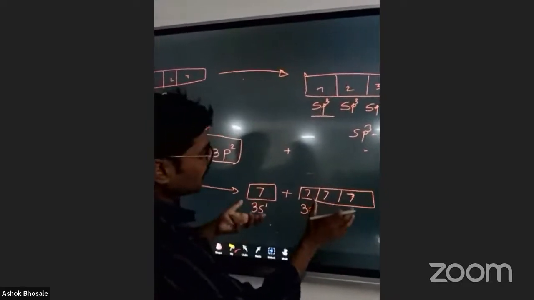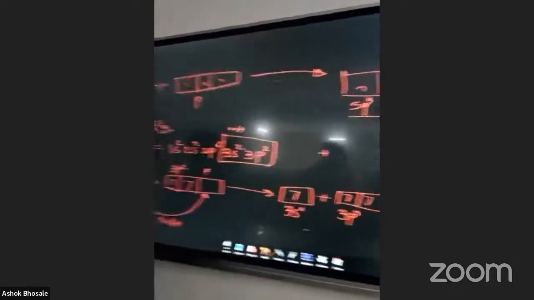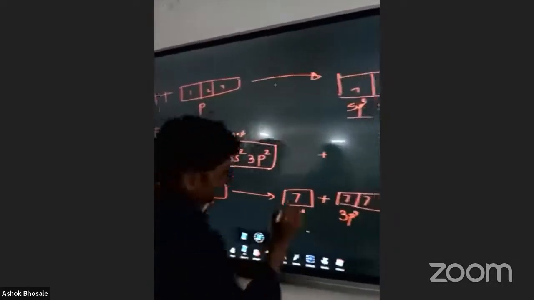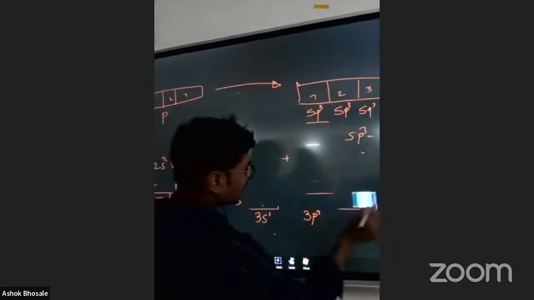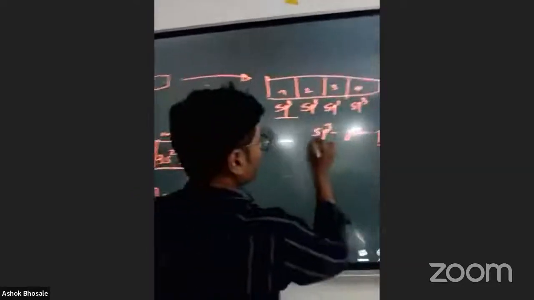This is the 4 unpaired electrons and orbitals of the silicon atom. Now we'll see the chlorine atoms, their electronic configuration and their orbitals.